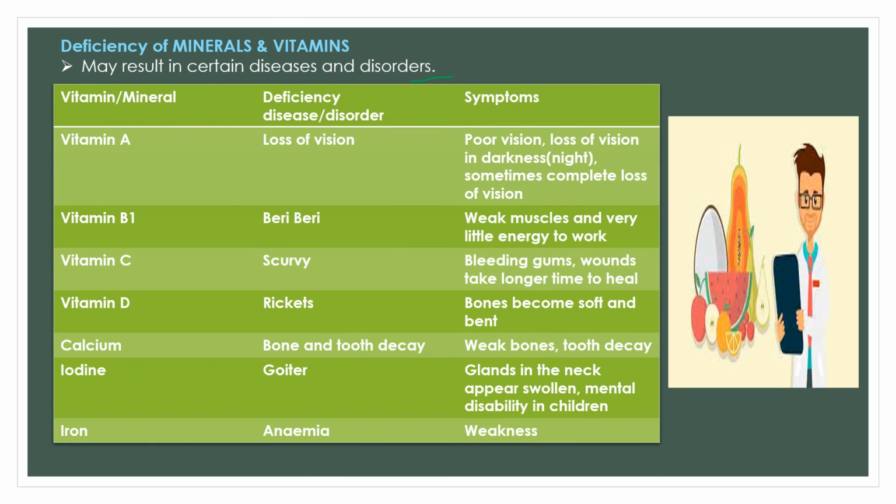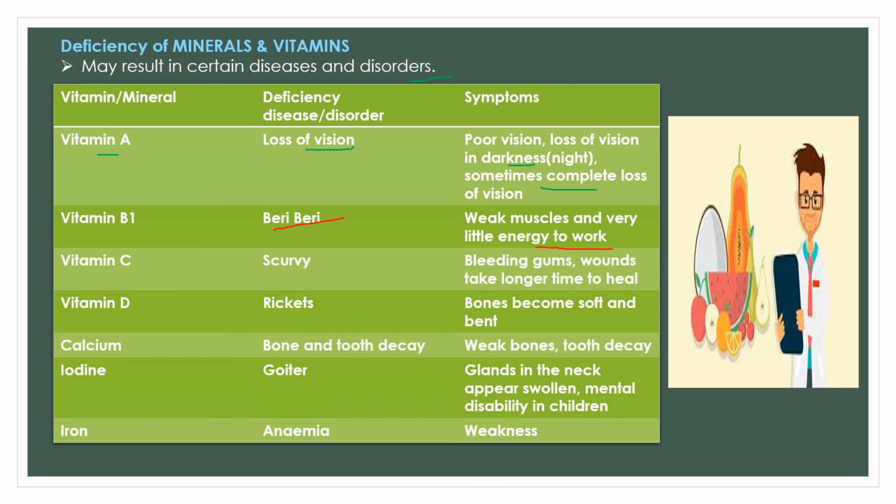So here is a chart of different minerals and vitamins. We had different kinds of vitamins previously. Vitamin A deficiency causes loss of vision, maybe in the darkness or complete loss. Vitamin B1 causes beriberi, that means weak muscles and very little energy to work.